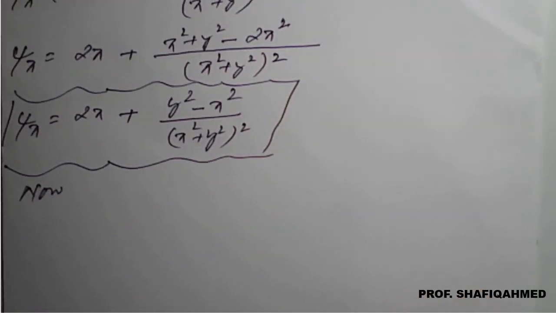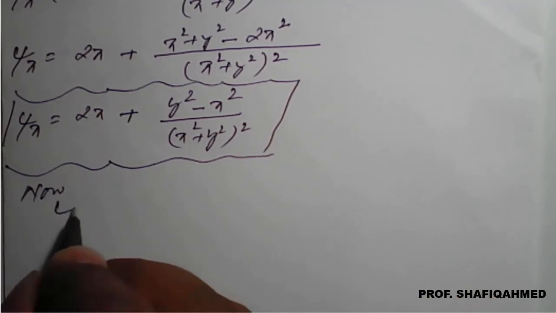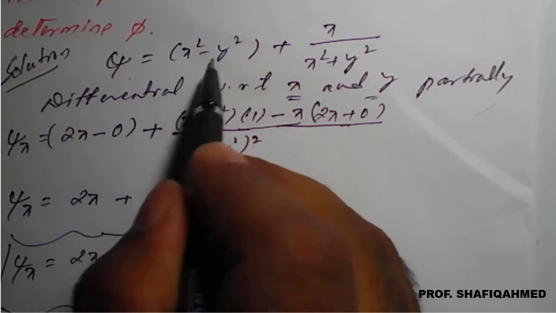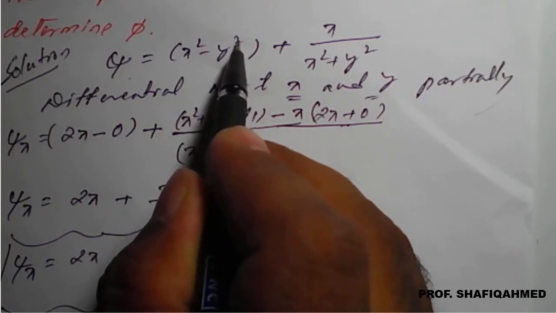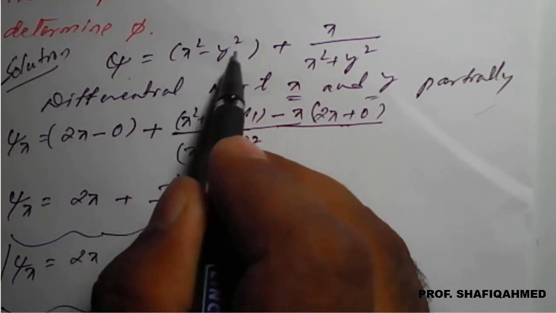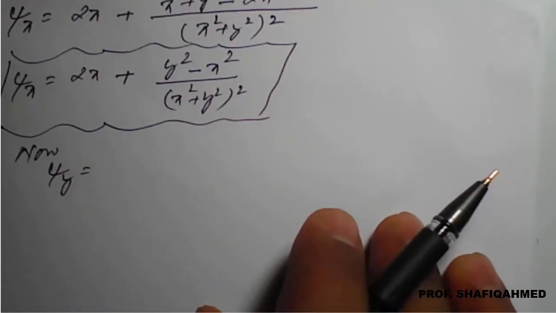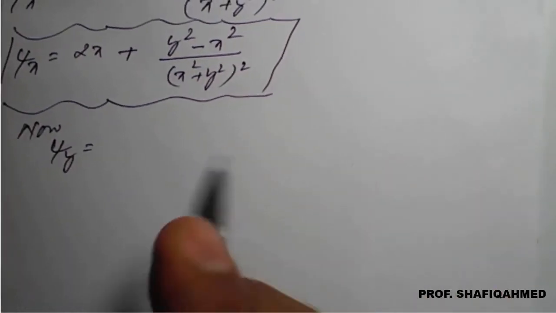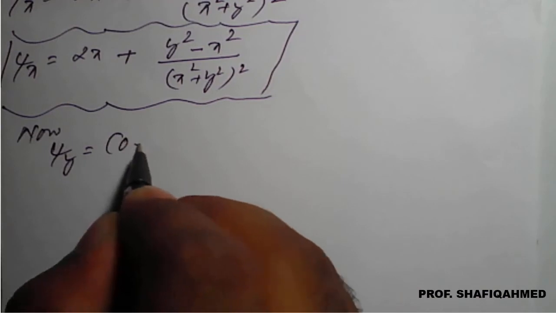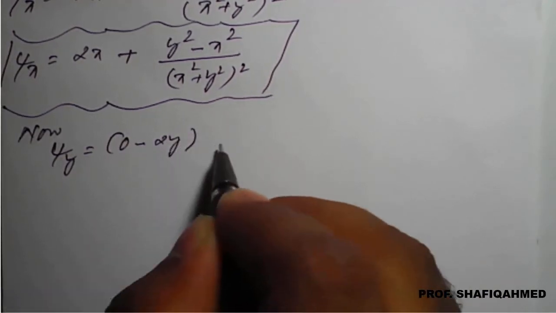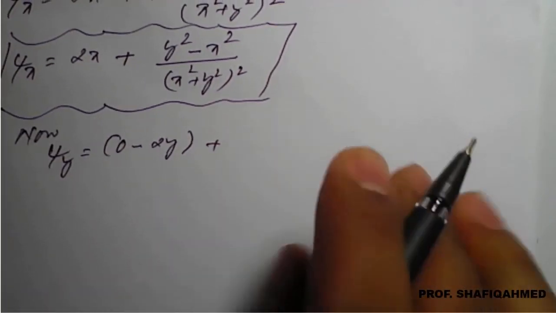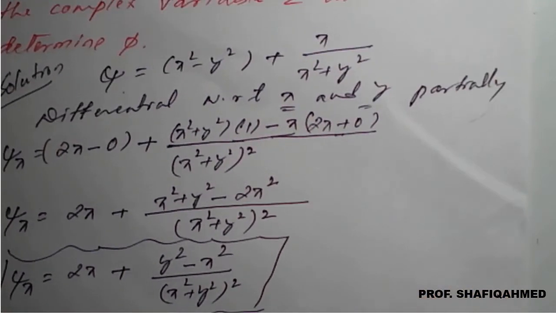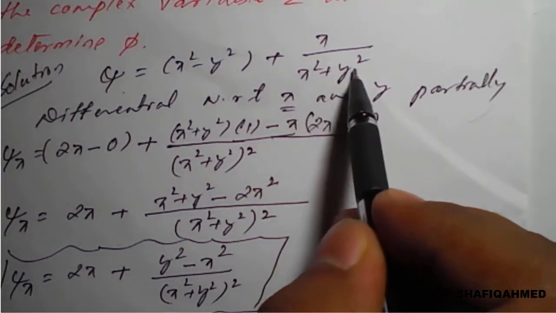Symbolically, psi of y is equal to the partial derivative of x square minus y square with respect to y: x square gives 0, y square gives minus 2y. So it becomes 0 minus 2y plus, again, the partial derivative of x divided by x square plus y square.